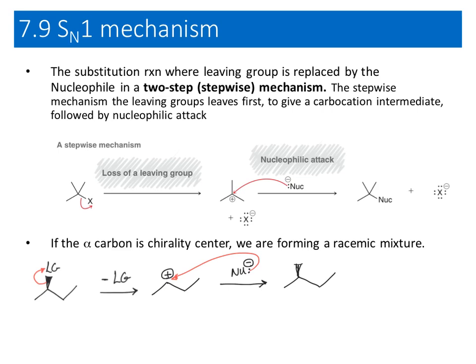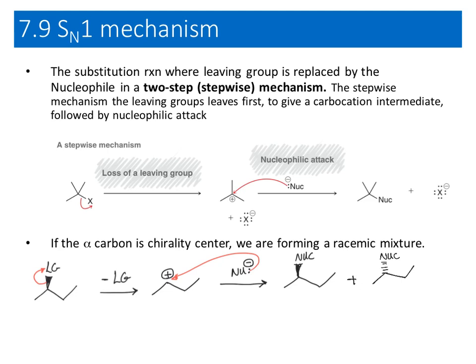Now this carbon in the product is a chirality center. So it is connected to 4 different groups. Therefore, we are going to get a mixture of both enantiomers. So we are going to get the mixture of R and S.